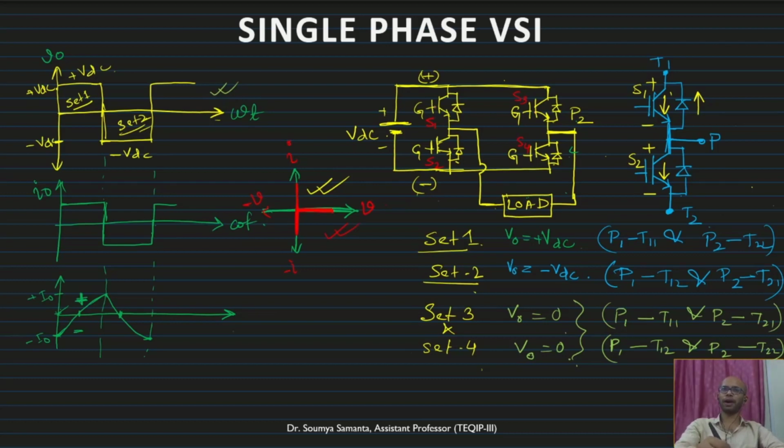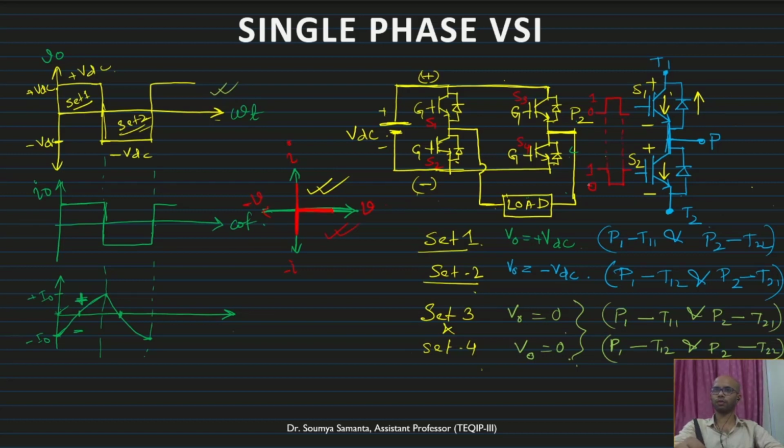Now the gating patterns of these switches are complementary in fashion. What is the meaning? If this is the gate voltage we are applying to this gate, obviously this is 0 and this is 1. Now the gate voltage applied to switch 2 will be complementary in nature.